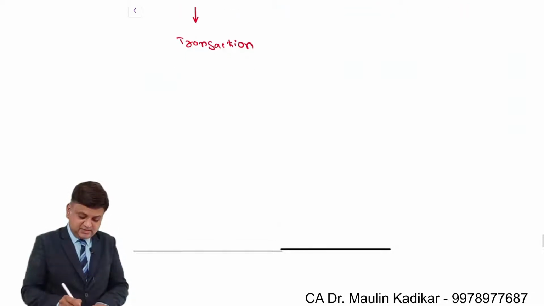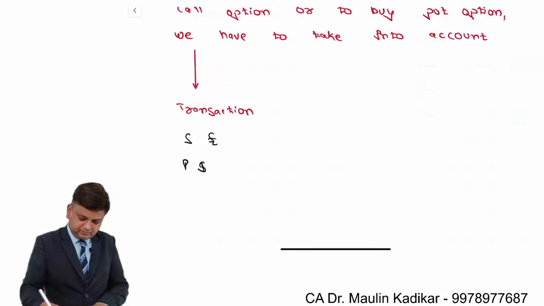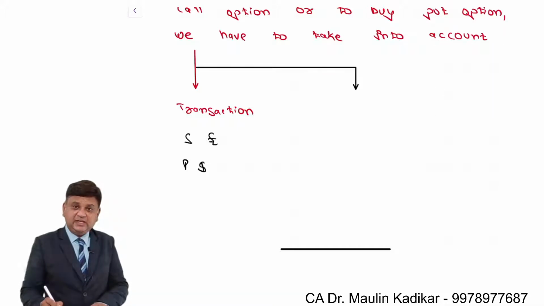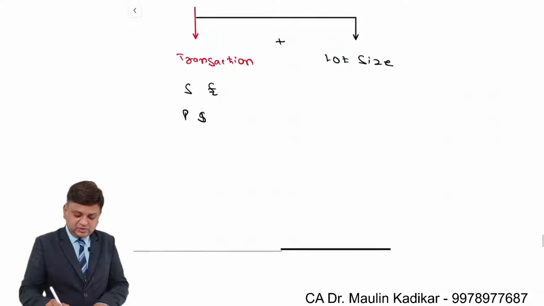The transaction is sell pound, purchase dollar. Second thing that you have to take into account is lot size, which is provided to us in pound currency.